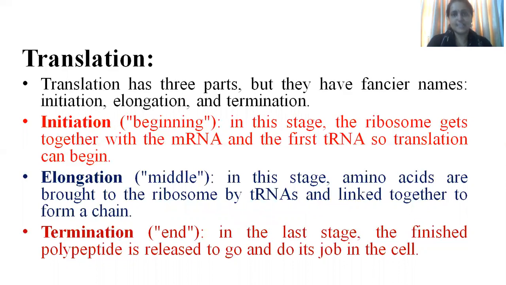During elongation, amino acid addition occurs, and this takes place on a different site, known as the EPA sites. During termination, the final step of translation, the process takes place when a stop codon, that is UAA, UAG, or UGA, comes across the ribosome, and the polypeptide sequence is released into the cell.